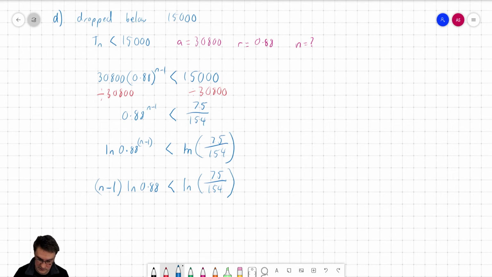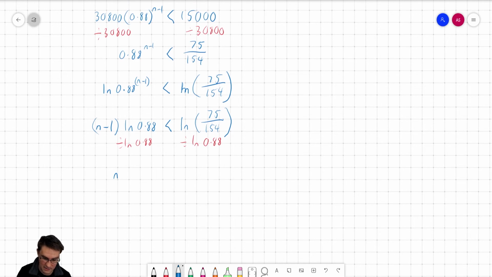Now, I'm going to divide both sides here by ln of 0.88. One key aspect here, as we do this division, the ln of 0.88 gives us a negative answer. So remember, when you are dividing or multiplying both sides of the inequality by a negative number, the sign changes direction. That's what's about to take place here.